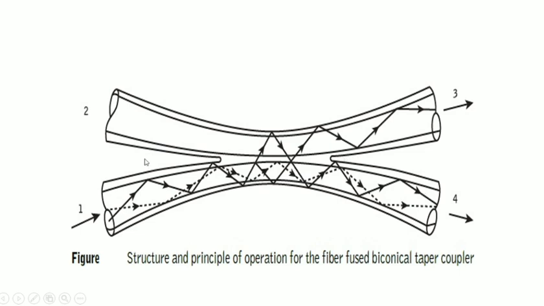So we take 2 fibers, twist them together and spot fuse them under tension, so the structure becomes a biconical structure. That's why it is called a biconical taper. Since we are fusing, it is named the fused biconical taper coupler.